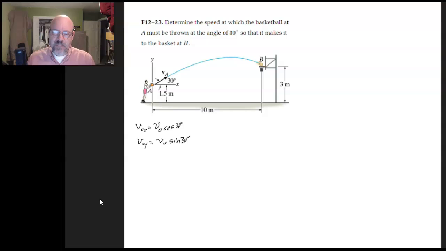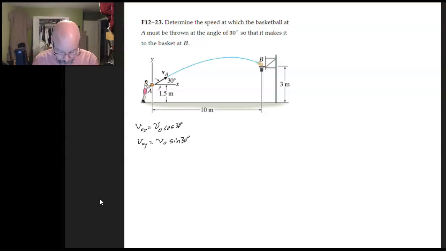Okay. And then if we may not know how to proceed here, we kind of fall back on what we did a lot of times in statics, which is, let's just look at the x's and let's look at the y's and let's see where those different bits of information take us.